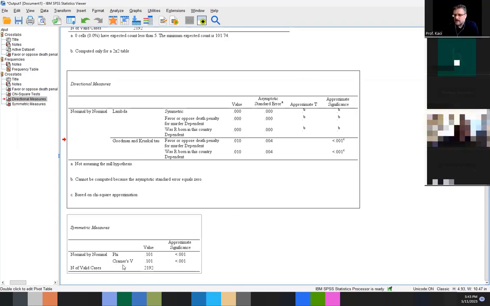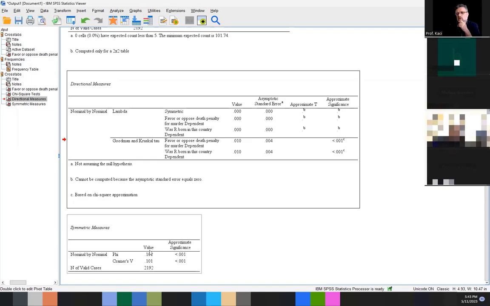One thing about phi and Cramer's V, this is just theoretical. When you have two variables with two groups each, phi and Cramer's V will be the same value. But if you have a variable that has more than two groups, or both variables have more than two groups, then Cramer's V is the best measure of strength.